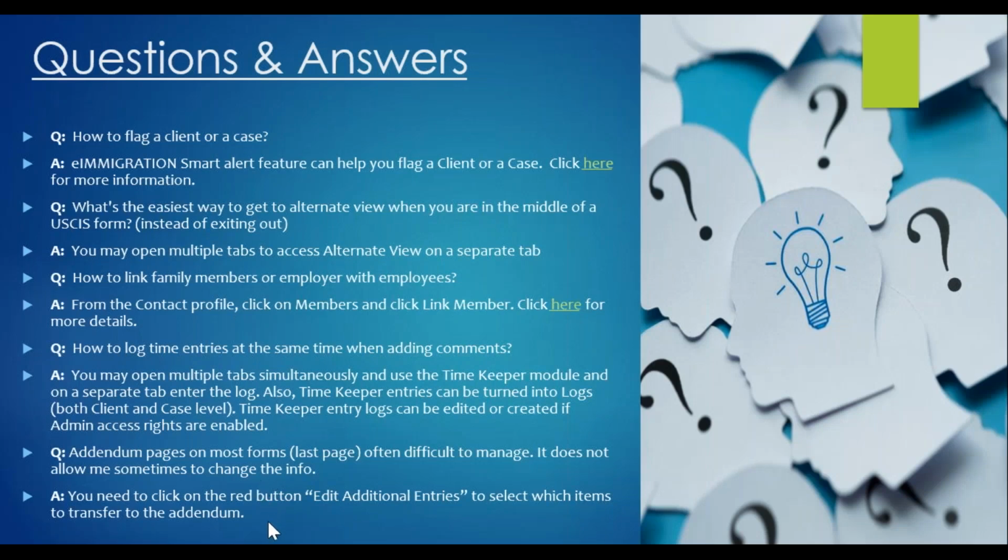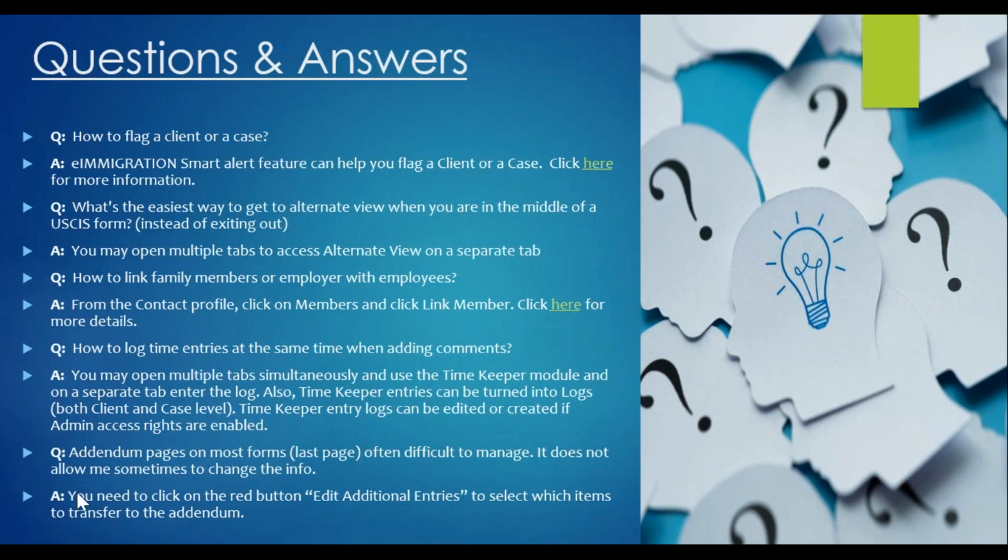How to log time entries at the same time when adding comments. You may open also multiple tabs simultaneously and use a timekeeper module on a separate tab. By the way, timekeeper entries can be turned into logs, both client and case level. And the timekeeper entry logs can be edited.